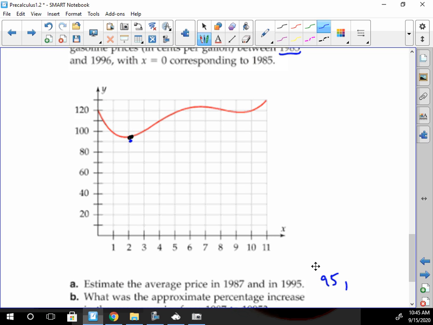And then in 1995, so in the year 87, it was 95. In the year 1995, it's 87, 88, 89, 90, 91, 92, 93, 94, 95. It was up there. So that's looking like 110 in that region somewhere. A little above 110, maybe 115.